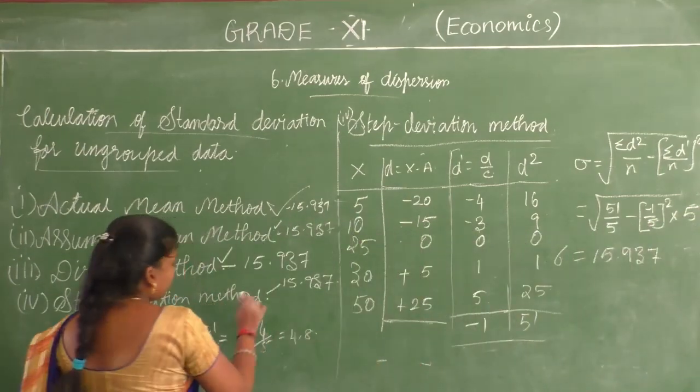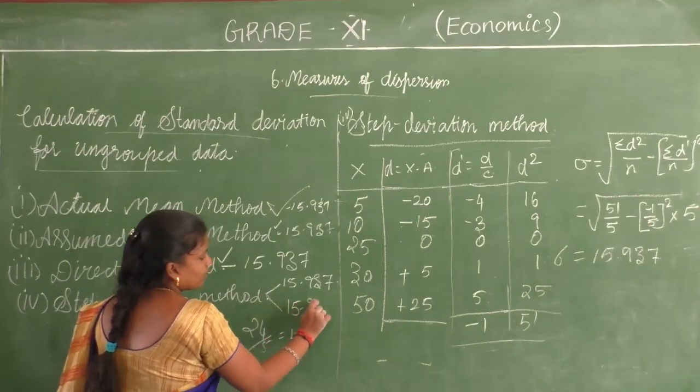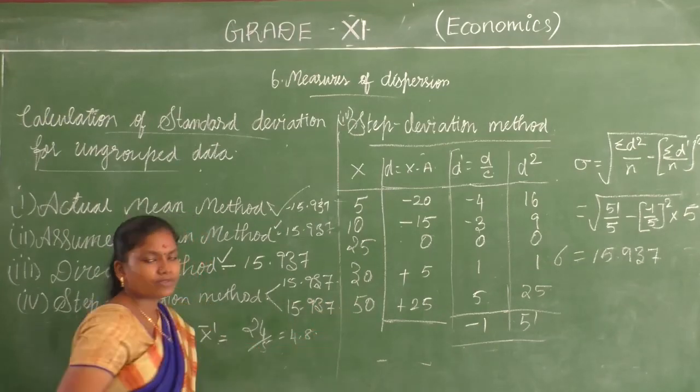Under the step deviation method also, the second method, you got your value as 15.937.